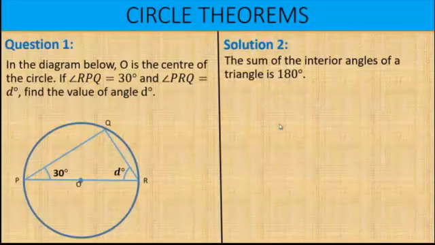So for solution 2, we know that the sum of interior angles of a triangle should give us 180 degrees.